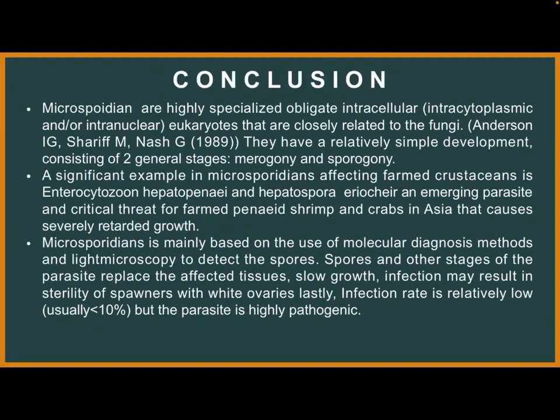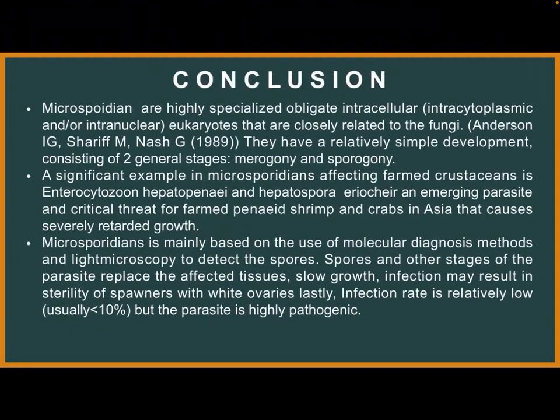Lastly, diagnosis of microsporidians is mainly based on the use of molecular diagnosis methods and light microscopy to detect the spores. The effects of these parasitic microsporidians on the host is that the spores and other stages of the parasite replace the affected tissues.